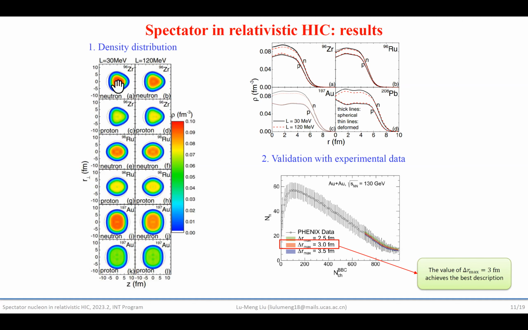It is seen that zirconium has a beta 3 deformation, ruthenium and gold have positive and negative beta 2 deformation respectively, and lead is a spherical one. In this study, we only consider the case of axial symmetry.